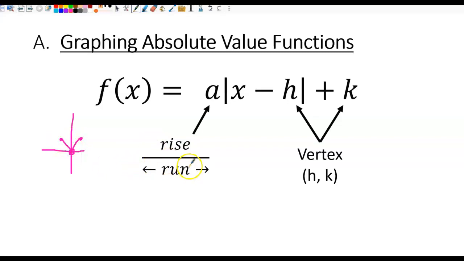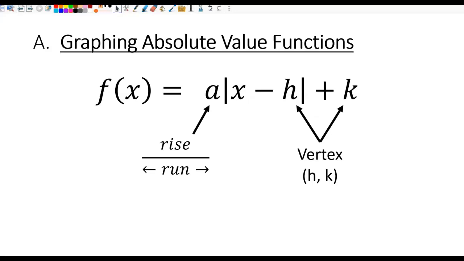So we go up, and then we go right and put a dot, and we go left and put another dot. So you get this nice V shape. There's our process for graphing: plot your vertex, rise and run in both directions, and get 2 points after your vertex. Connect them, and you have your little V shape. That's how we're going to be graphing these today. Just so you guys know, these are just shortcuts for graphing these things.